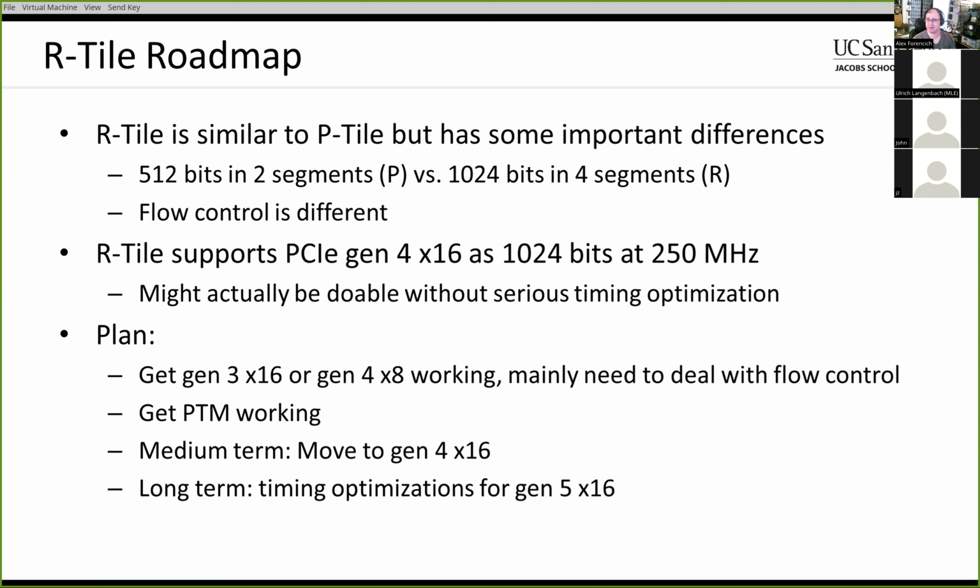But the big difference is that the flow control is different. I've got to sit down and figure out how the flow control credits work between the RTile and the FPGA in order to make this work.